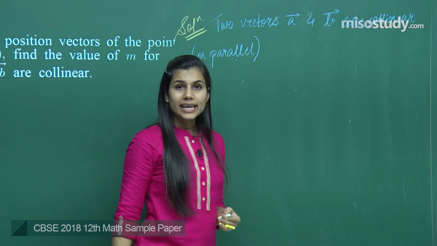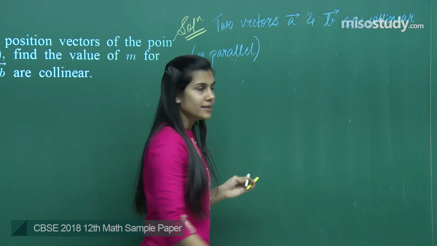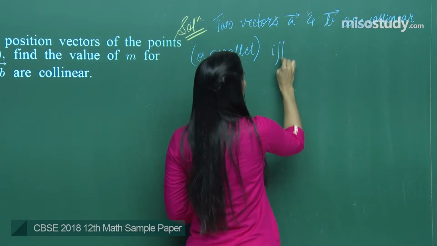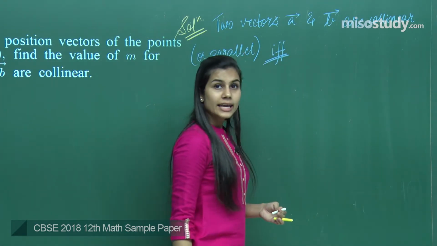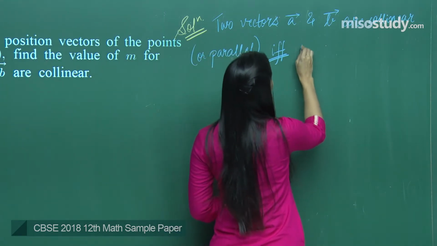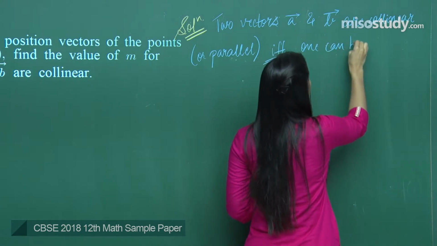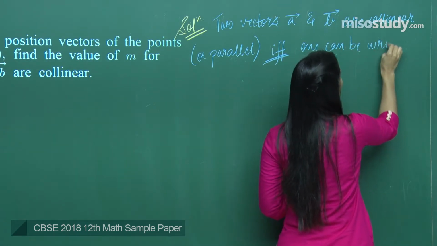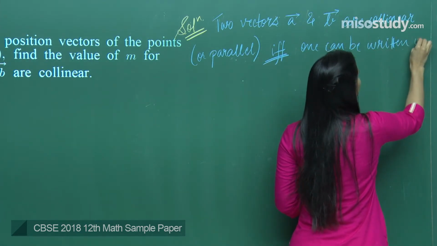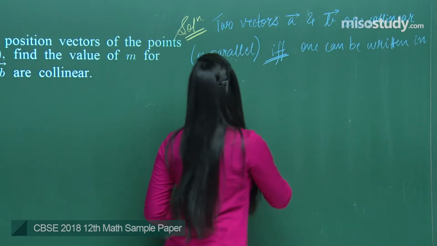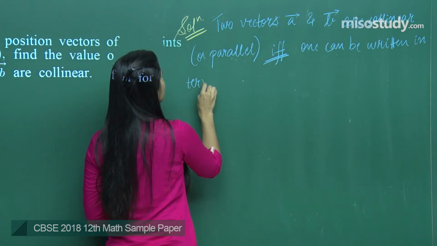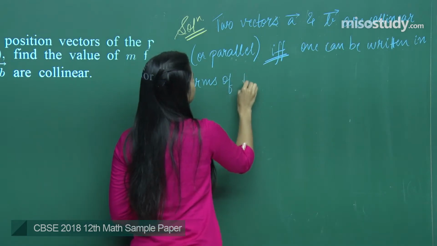Two vectors A and B are collinear or parallel if and only if one can be written in terms of the other.